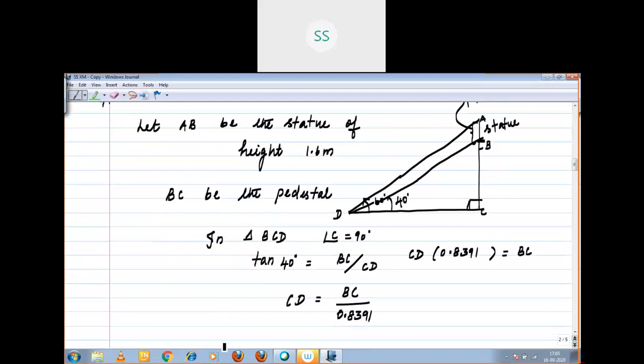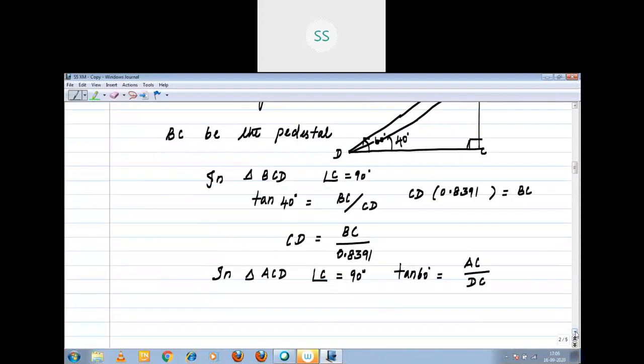Next, in triangle ACD, angle C is equal to 90 degrees, tan 60 degrees equals AC divided by DC. Got it, children?